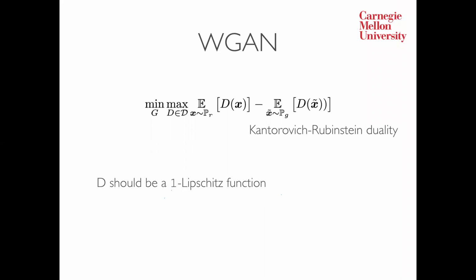Is it like Lipschitz continuous for the first order, something like that? Yeah, exactly what you said. It's Lipschitz continuous, and the derivative at any point should not be greater than one. K Lipschitz means that the derivative at any point is not greater than K.